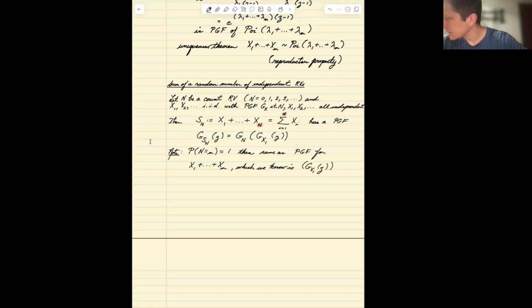So we've seen this in the case of the binomial. We've seen this in the case of the negative binomial.